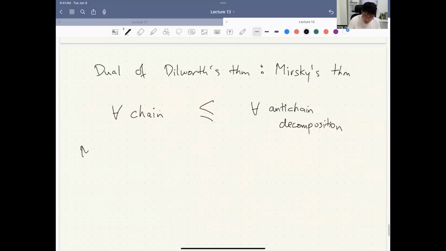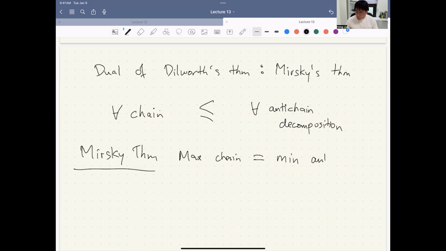And Mirsky's theorem is saying, if you take the max on the left side, it equals the min on the right-hand side.